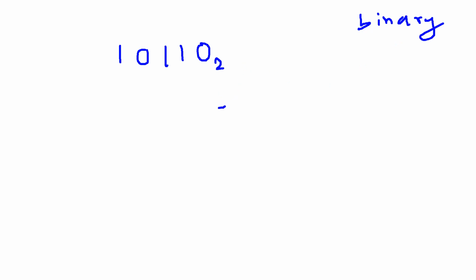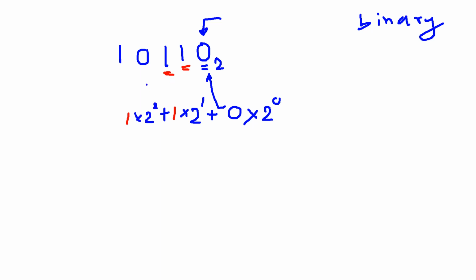Again, just write down this number, multiply base, right? Base 2 to the power of 0 for the first digit, and the next one is 1, multiplied by 2 to the power of 1, plus the digit 1 multiplied by 2 to the power of 2, and the digit 0, right?